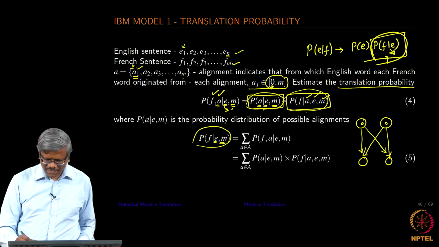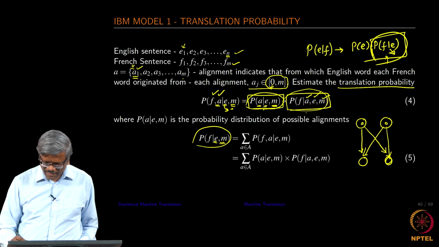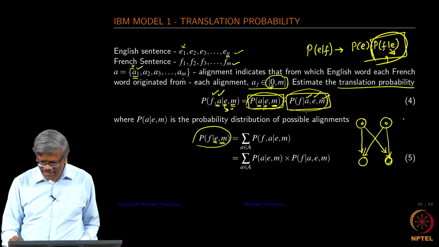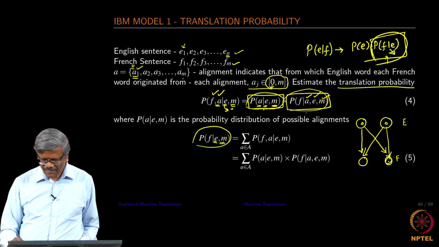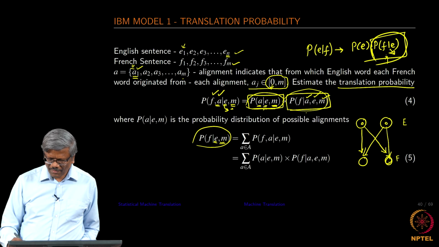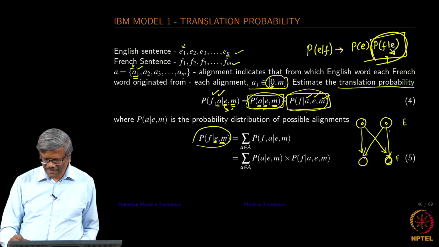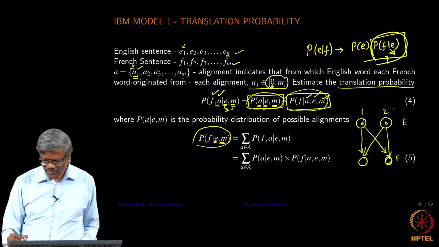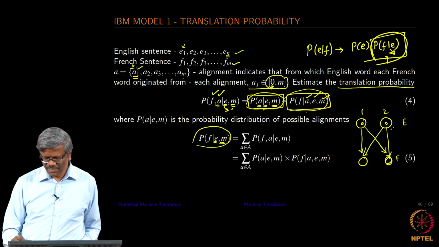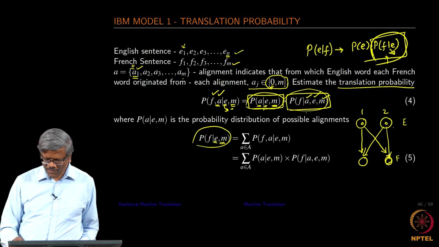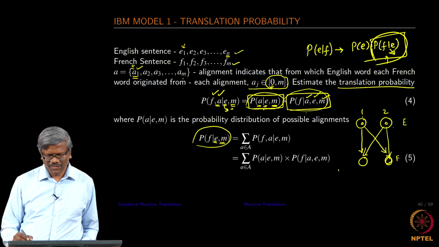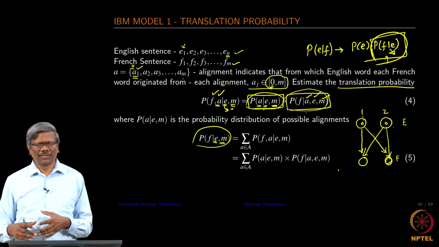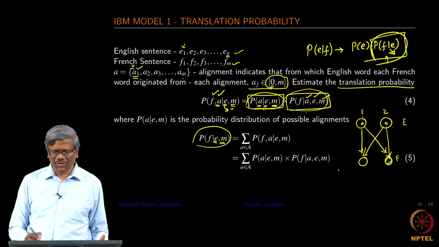So, if this is the English and then this is French, this French word could depend on or could align with the second word in English. It can also align with the first word in English. So, there is a possibility of several alignments that you will have.